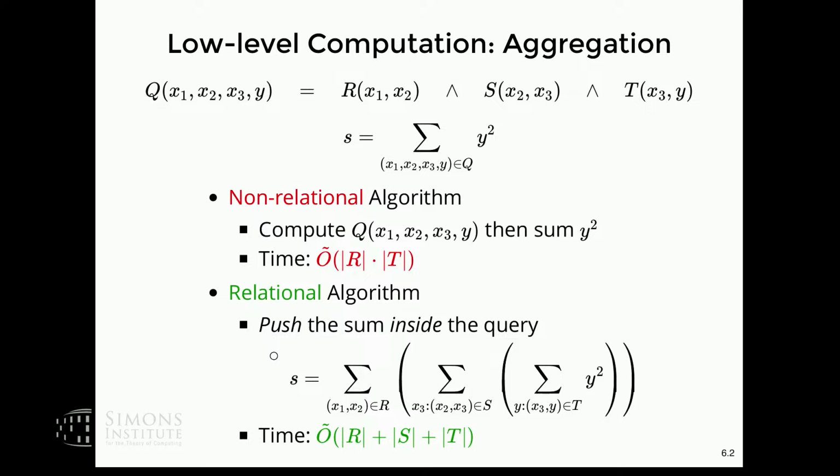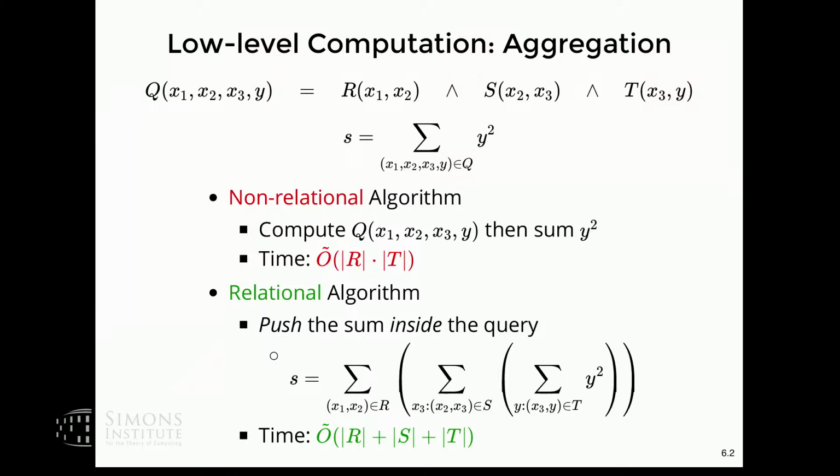And now this new function can also be computed in time linear in the size of S, assuming we already computed the first function. And finally, we go over x1, x2 in R and compute the summation of the previous function. And everything will take time linear in the input size, modulo a log factor.